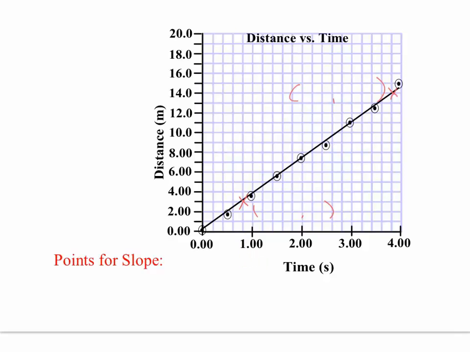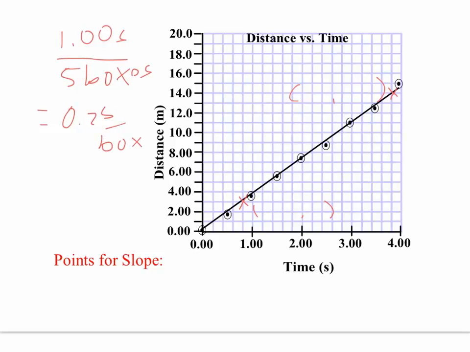So to figure out how much each individual box is, we've got a second's worth of time divided up into 5 boxes. If we take the number 1 and divide it by 5, that gives us a decimal value of 0.2 seconds for every 1 box.